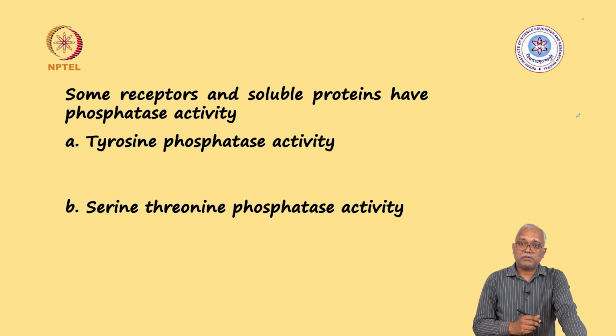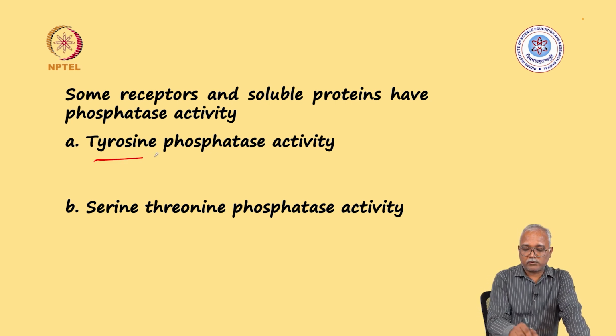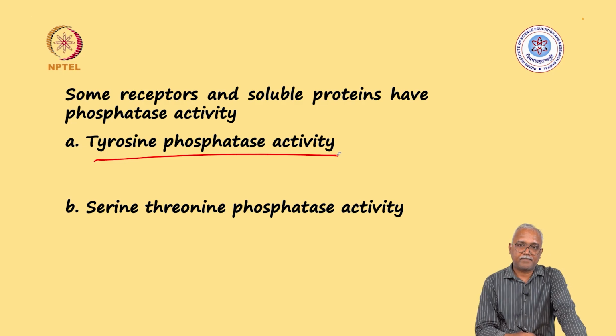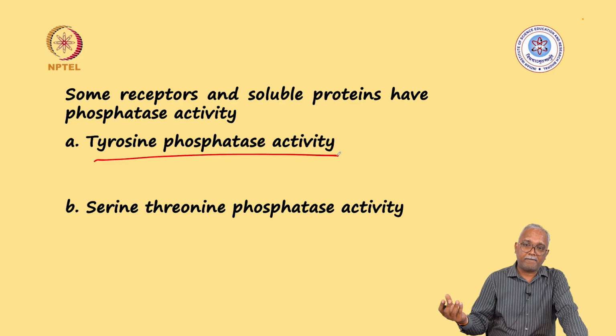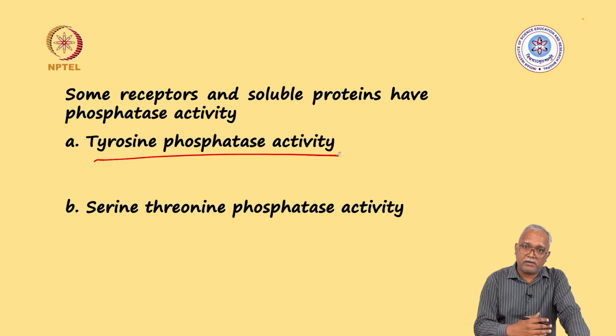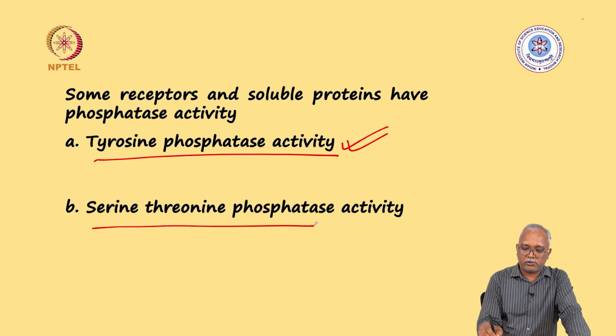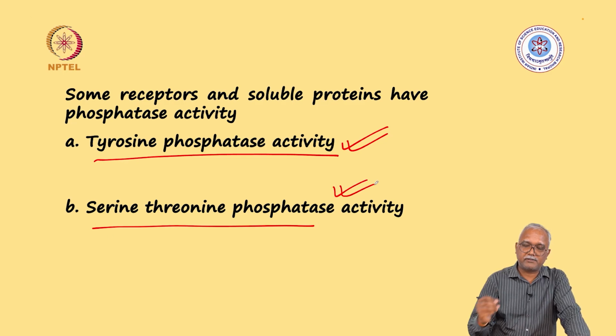In addition to the kinase activity, some receptors do carry tyrosine phosphatase activity, which means that you can ask, do they act antagonistically to the tyrosine kinase activity? No, these are an independent set of receptors which may impinge upon receptor tyrosine kinase activity, but they deal with their system independently. Similarly, you have serine threonine phosphatase activity.